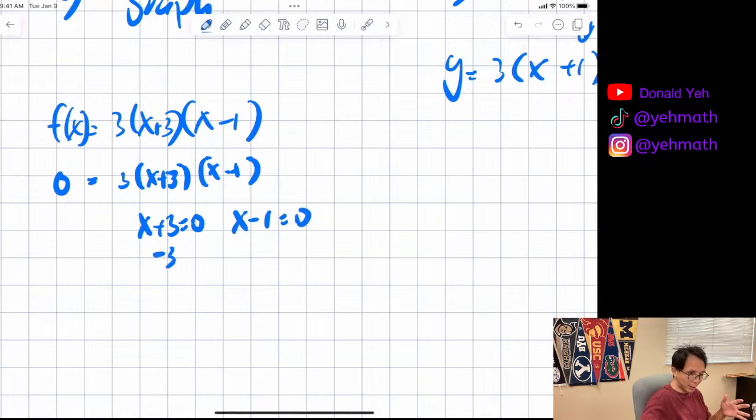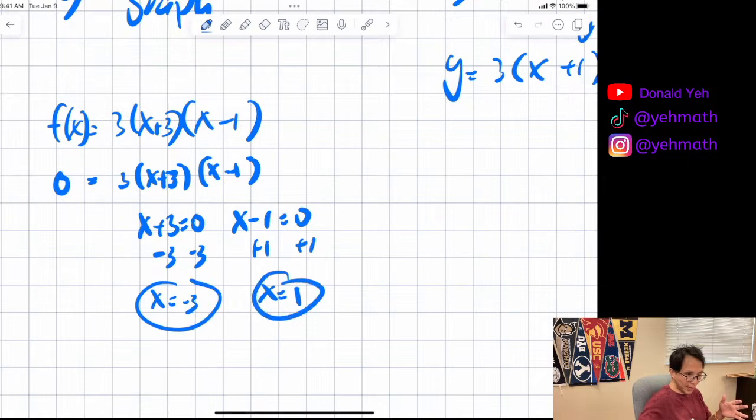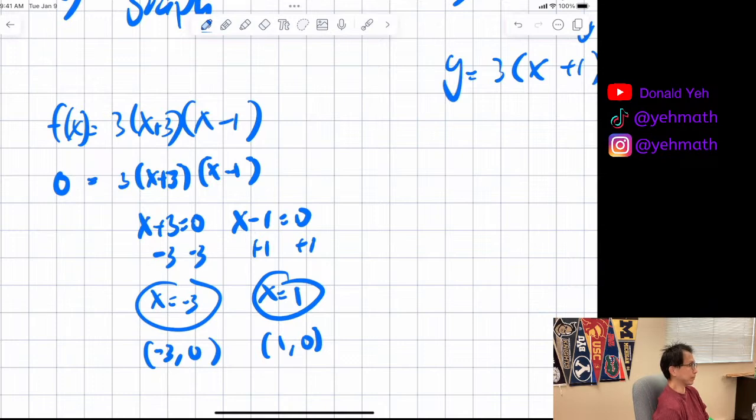I'm going to subtract 3 on both sides, add 1 on both sides. x equals negative 3, x equals 1. These are the 2 x-intercepts: (-3, 0) and (1, 0). You have to be able to factor. Why is that important? In factor form, you can actually find the vertex.